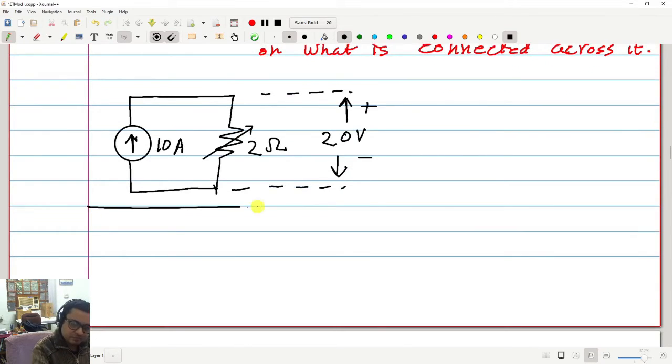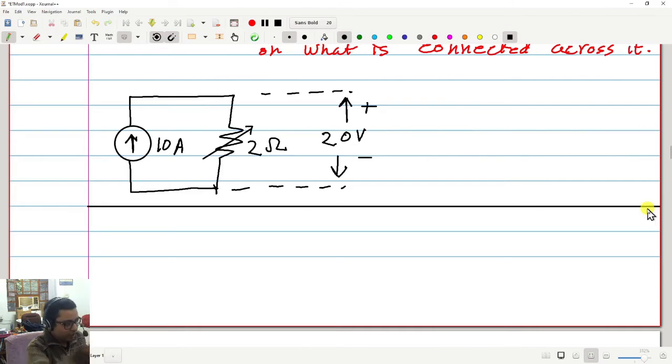Now, you were asking how a voltage source is different from a battery. So, very briefly, let me tell you that the battery that you get from the market, that you use in your calculator, other things, mobiles, etc., behaves almost like a voltage source. Not exactly like a voltage source, but almost.